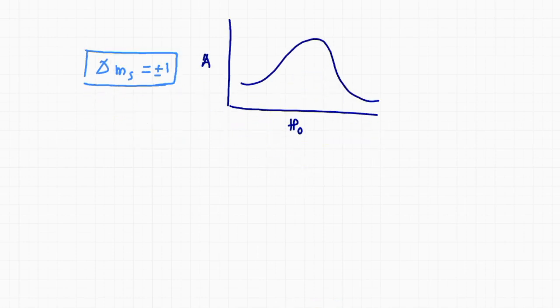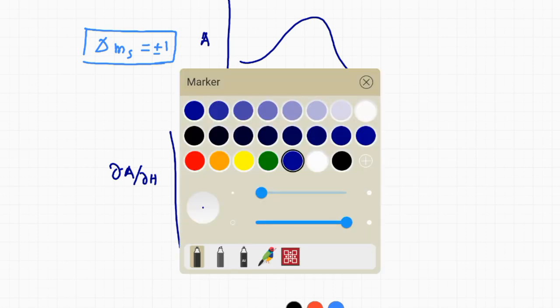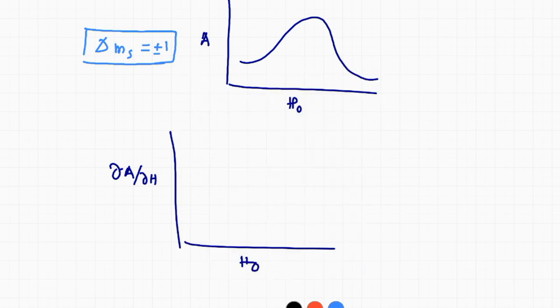To get more accuracy, that spectrum is converted into the first derivative, that is, the derivative of absorption is taken versus field strength, and you get a sharp signal. That is the transition which takes place from the lower energy level to the higher energy level. So this is the basic principle in ESR spectroscopy.